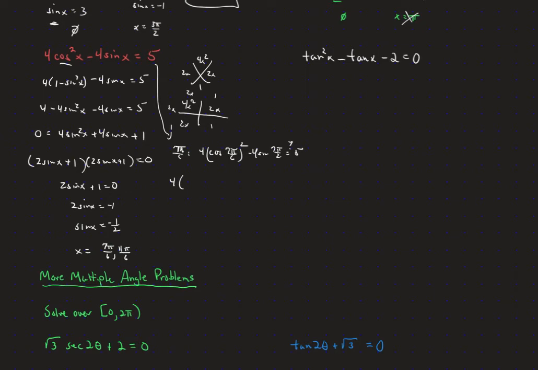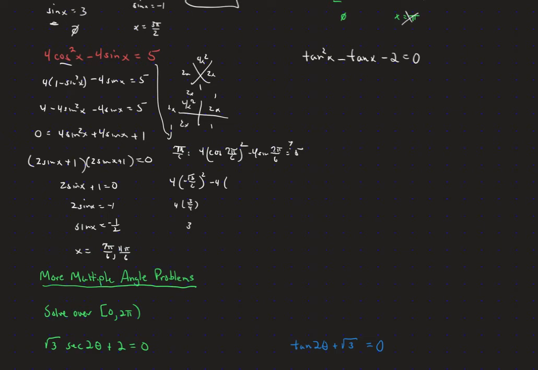Let's see, cosine of the reference angle pi over 6 is square root of 3 over 2. And in quadrant 3, that's a negative, but we're going to square it. So that's going to be 4 times a positive 3/4, which will be 3. And we've got minus 4 times the sine of 7 pi over 6.